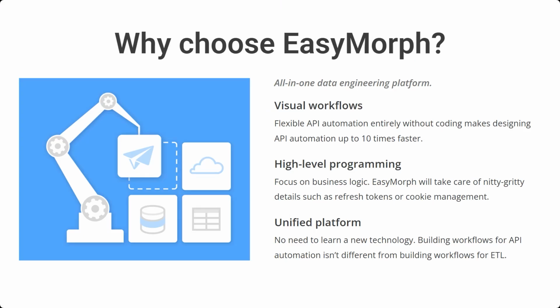And finally, when you use EasyMorph for API automation, you don't have to learn a new technology. It's the same type of workflows that you use for data automation and data preparation, but now it's employed for APIs. In EasyMorph, it's one unified platform for data engineering, so it's the same technology used for all capabilities of this platform.